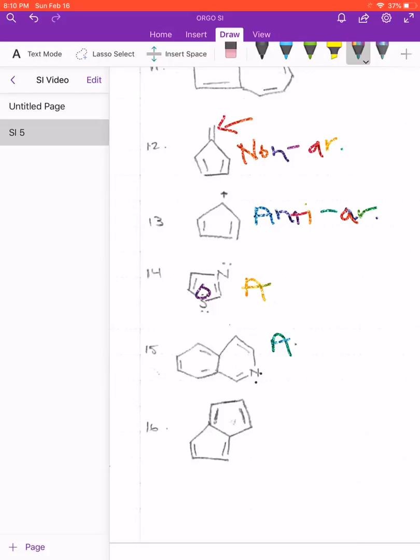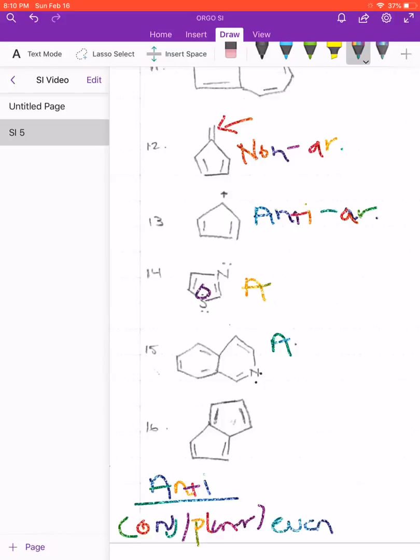So remember, for a molecule to be anti-aromatic, it has to be conjugated, planar, and have an even number of electron pairs.